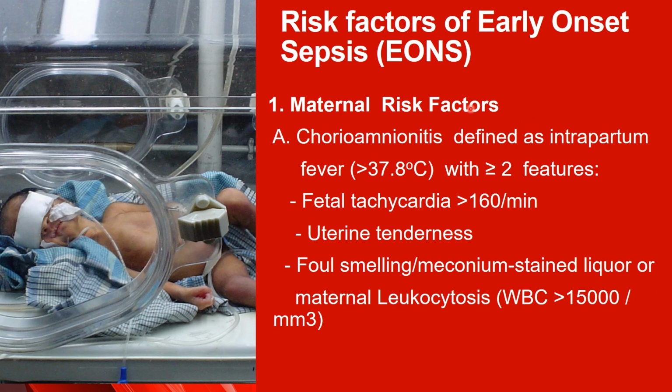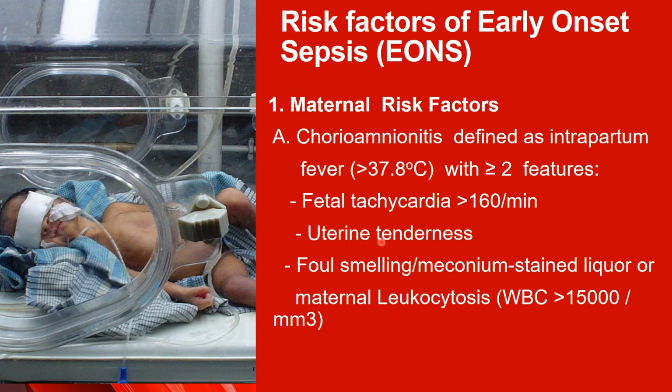Now come to the risk factors for the early onset neonatal sepsis. It can be maternal risk factors or neonatal risk factors. So number one maternal risk factor is chorioamnionitis, which is defined as intrapartum fever in the mother, which is more than 37.8 degrees Celsius, with two or more of the following features.